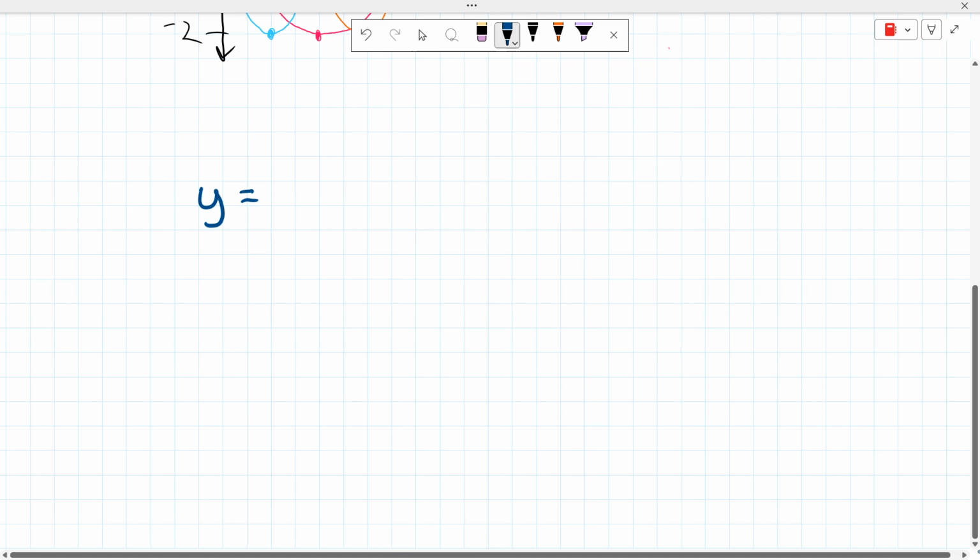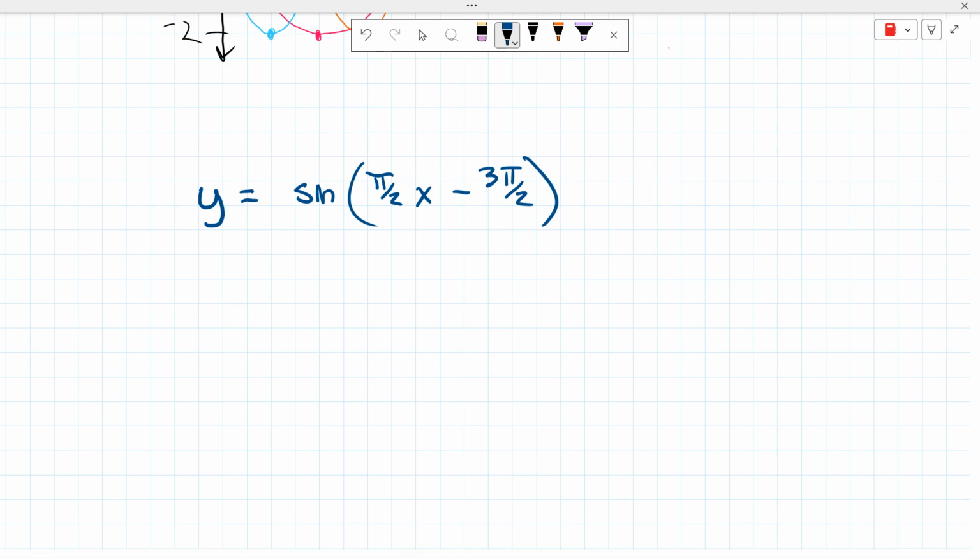Y equals sine of pi over 2x minus 3 pi over 2. Like that. And you think, well, that doesn't look so bad. Well, the problem is we have a pi over 2 in front of our x inside of parentheses with a 3 pi over 2 inside of parentheses.